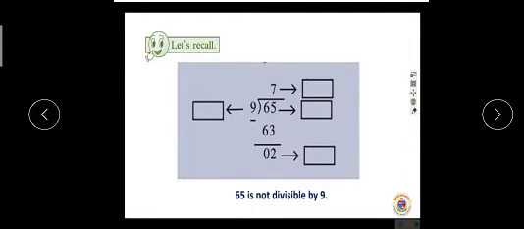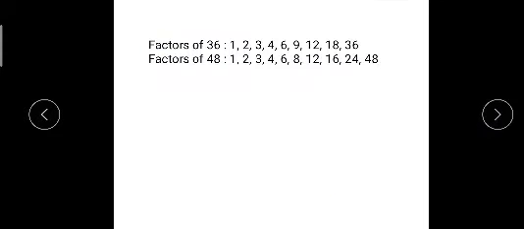Okay, so if there is a remainder, we can say that 65 is not divisible by 9. If 65 were divisible by 9, it should be 0 at the end of the division. So 65 is not divisible by 9.